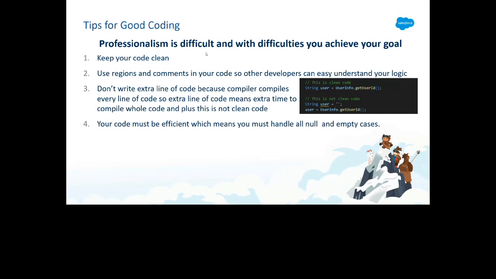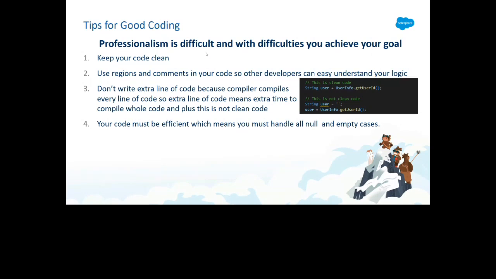And the third point, don't write extra lines of code, because the compiler compiles every line of code. So extra lines of code means extra time to compile the whole code, and plus it is not clean code.